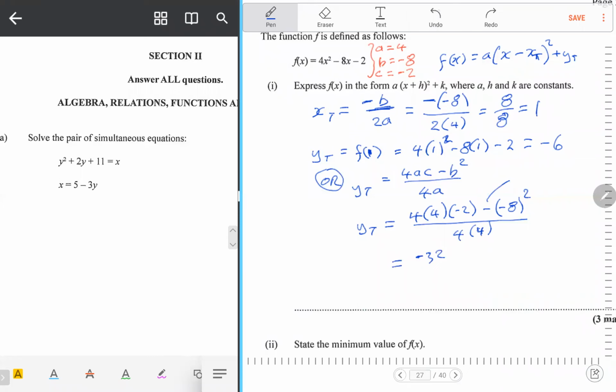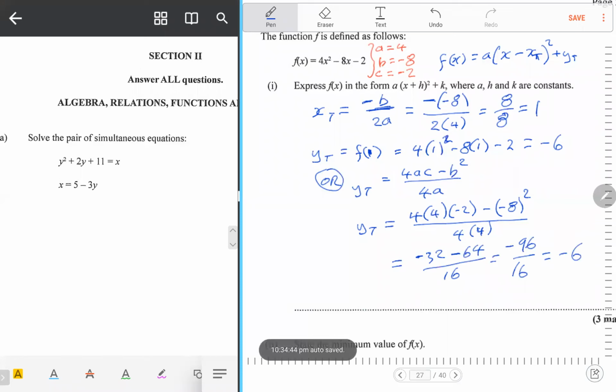Then 8 squared is 64. And after I get that, now you divide that by 4 times 4, which is 16. If we work it down, it becomes minus 96 over 16. And so it still comes back to negative 6 just the same.